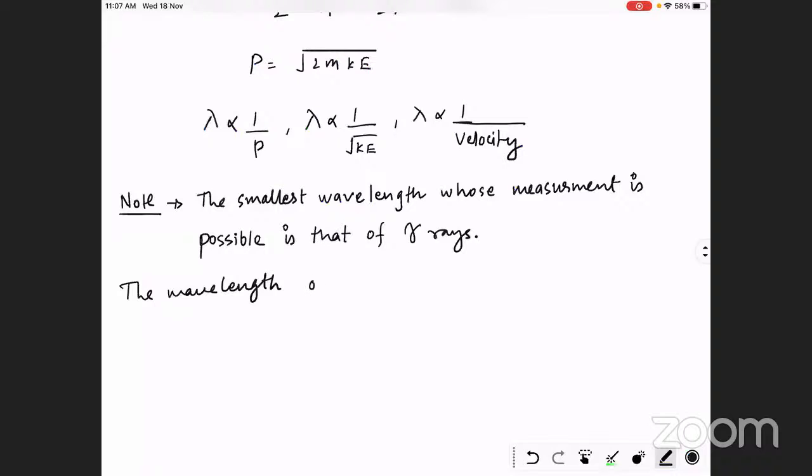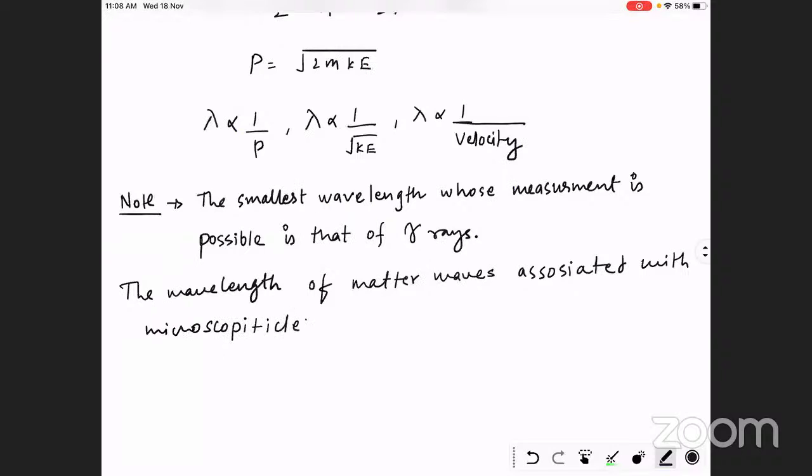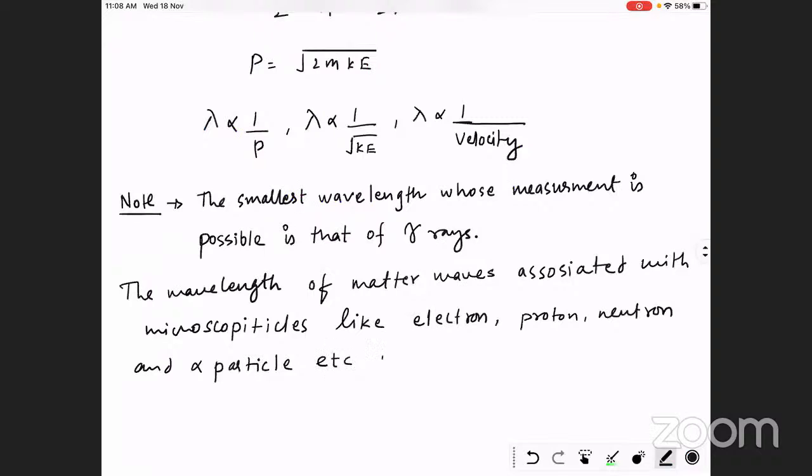The wavelength of matter wave associated with microscopic particles like electrons, protons, neutrons, and alpha particles etc. is of the order of 10 to the power minus 10 meter.